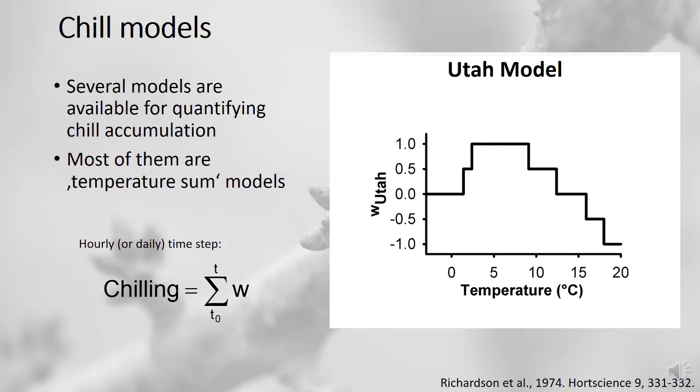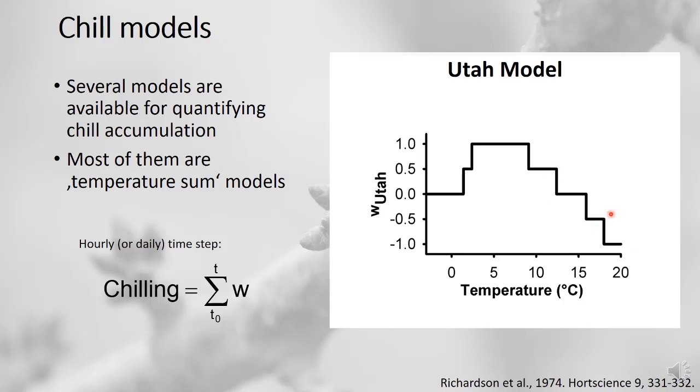Here's a different model, the so-called Utah model. And you see this weight function is a little bit more complicated here. There are more different weights we can apply. We can have this full weight here. Once again, we have this 1 for maximum chill efficiency, but we also have a certain temperature range where we have only half the efficiency, also on the warmer end of the spectrum.